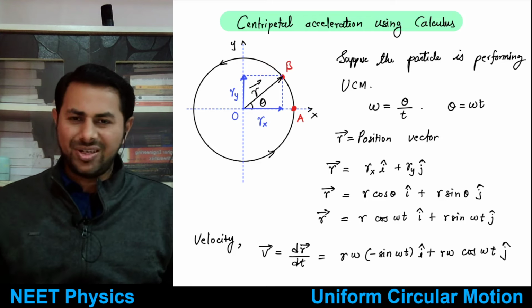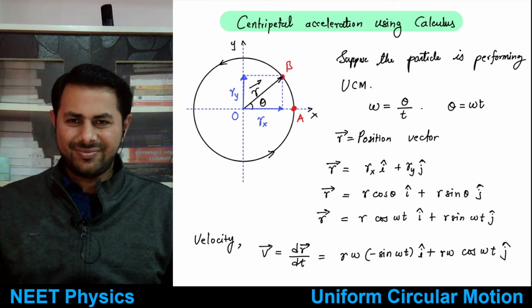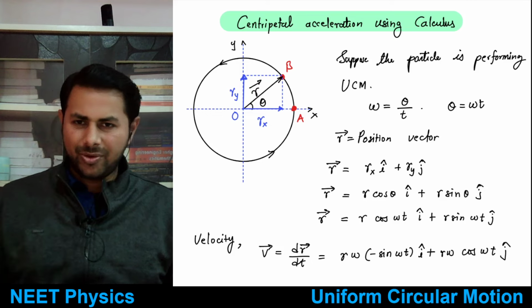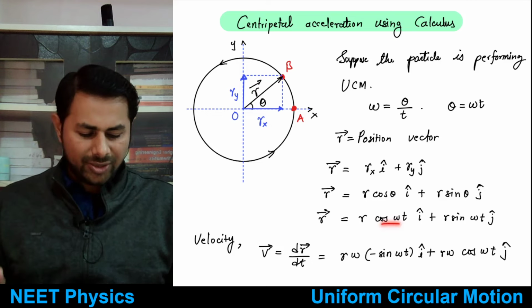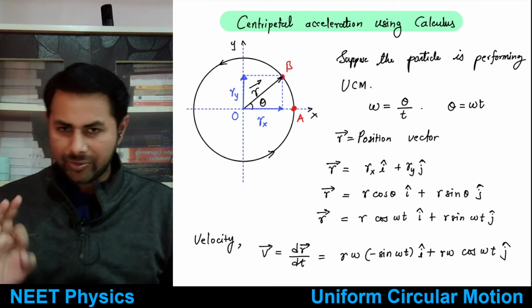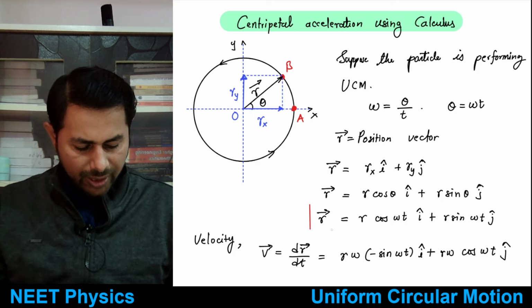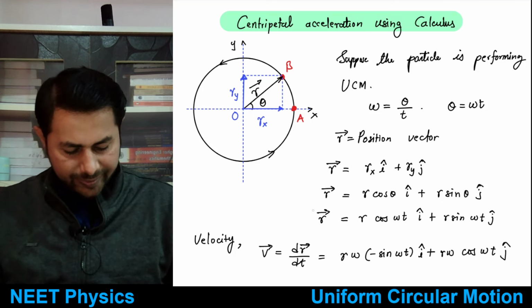So can you tell me, if it is moving in the clockwise sense, what will change here? Depending upon where it is starting from, cos will change to sine, sine will change to cos. There was a problem like that in NEET. We'll see. But for now let me box this thing.